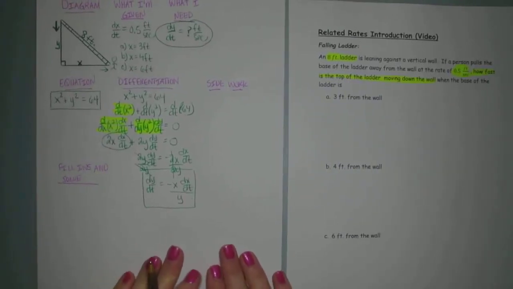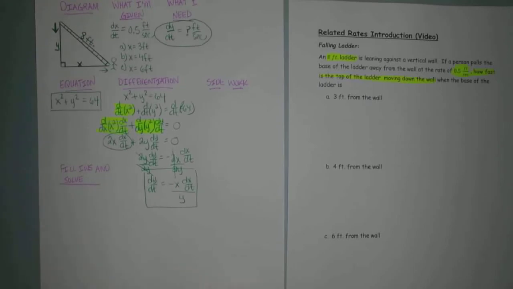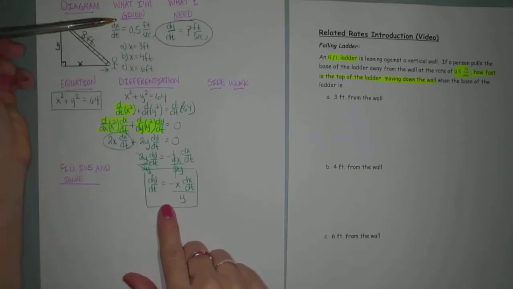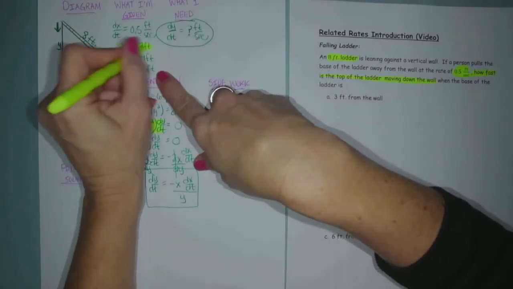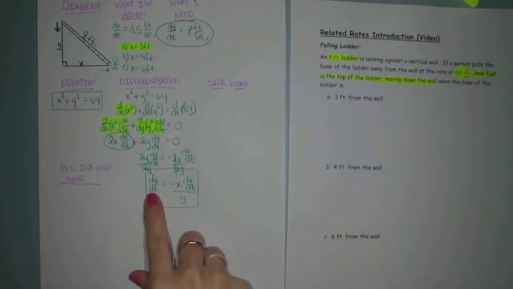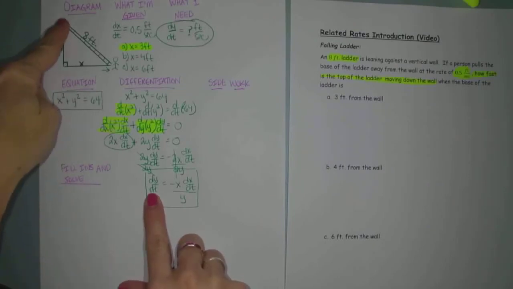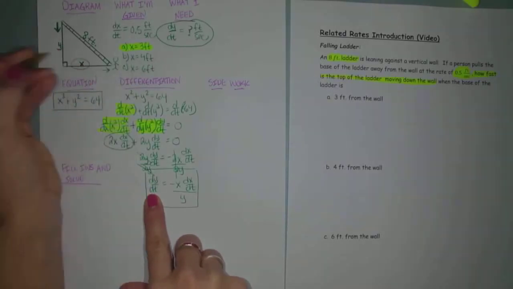Okay, now I'm ready for my fill-ins and my solving. Okay, so let's go back up here. Let's do part A first. So part A, we were supposed to figure out how quickly y was changing, how fast the ladder was coming down the wall. At the moment, the base of the ladder was 3 feet from the wall.